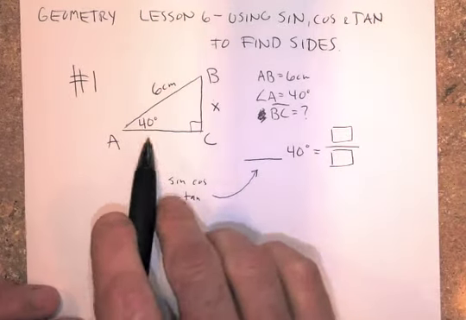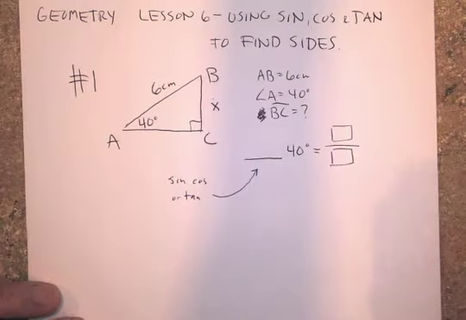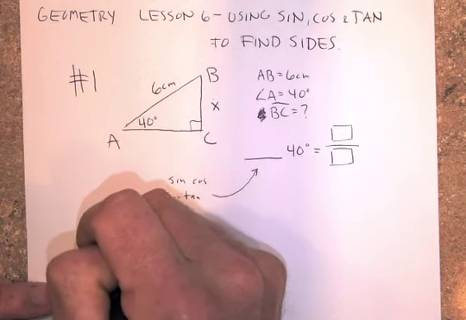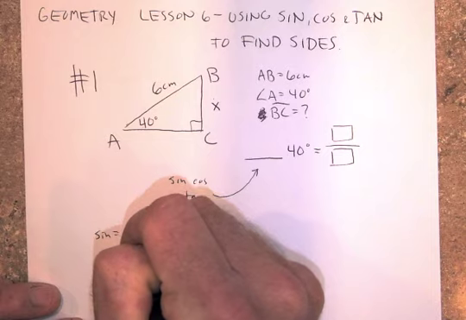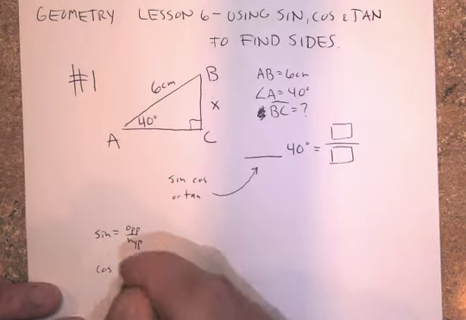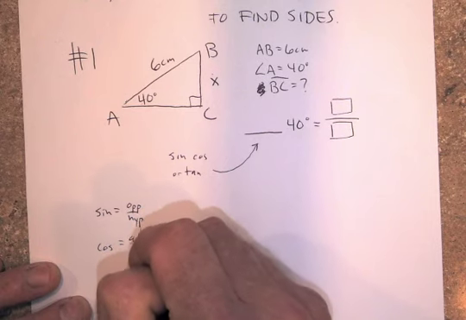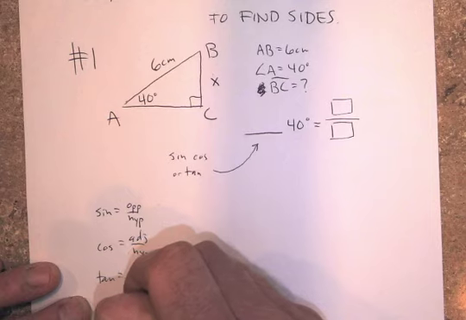Well, we're going from 40, so this is opposite and hypotenuse. Look back at your definitions; you might want to jot these down. Sine is opposite over hypotenuse, cosine was adjacent over hypotenuse, and tan was opposite over adjacent.